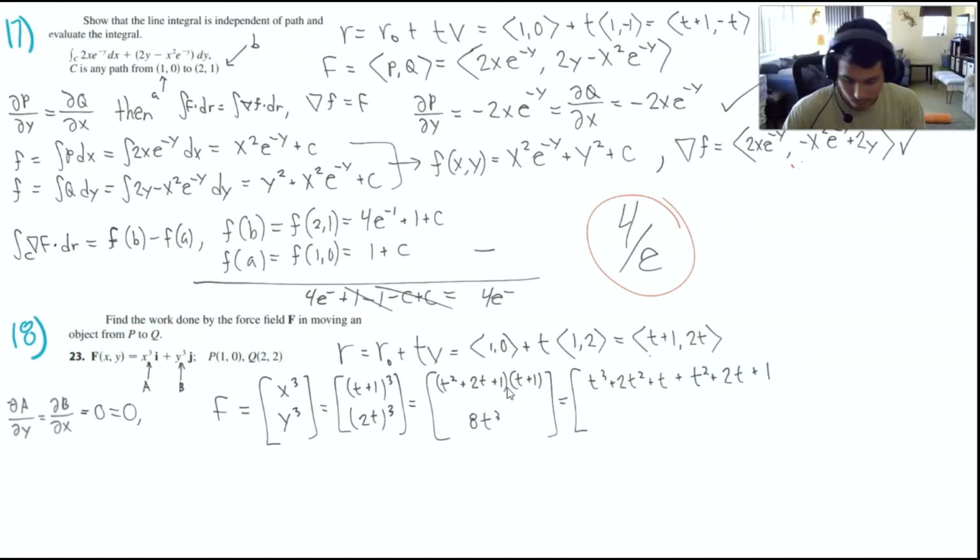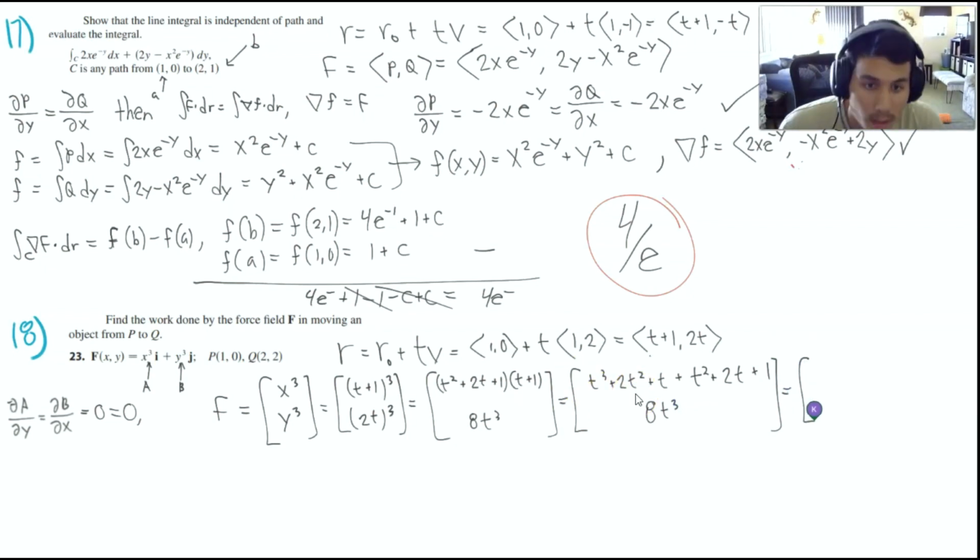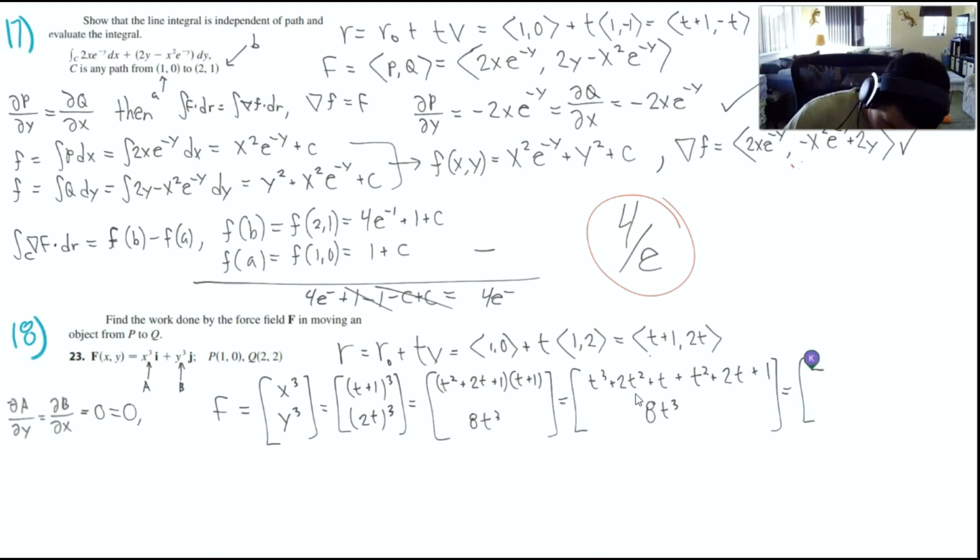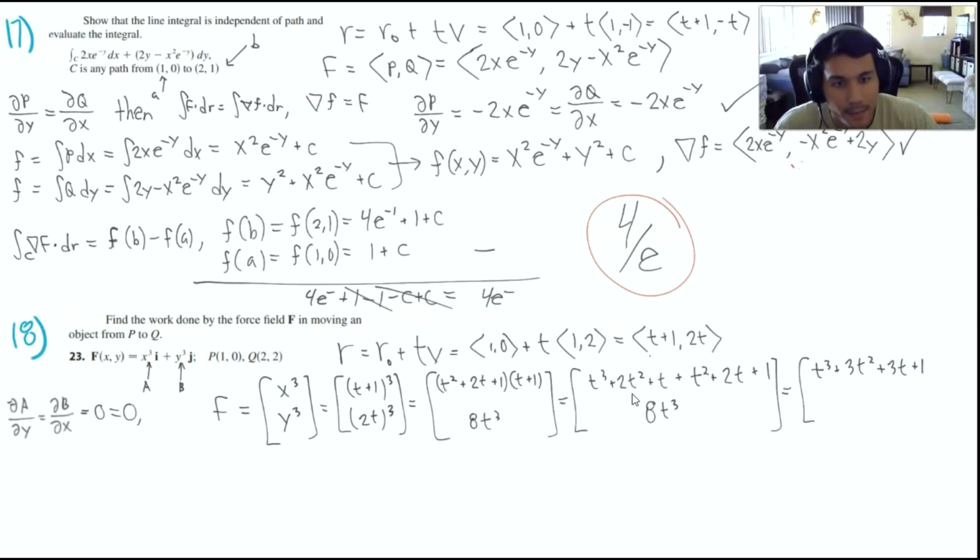Thank god it wasn't that bad though. I'm going to rewrite this, just write it nicer. It'll just be t cubed plus 3t squared plus 3t plus 1. Yep, that is it.